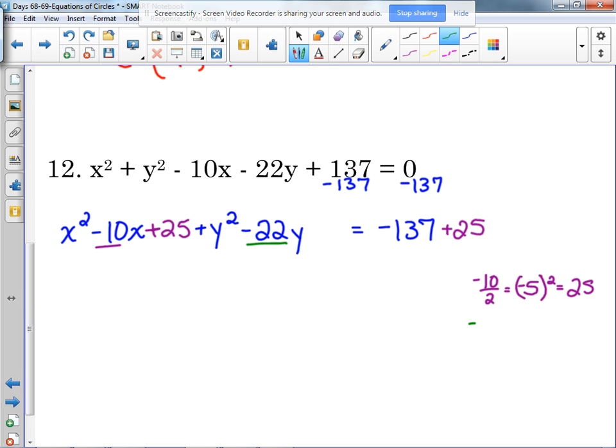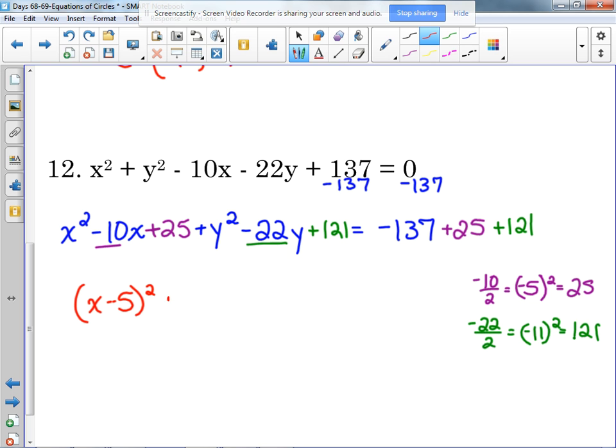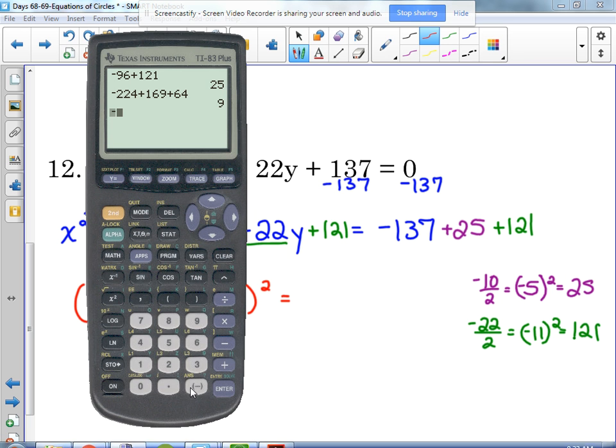Complete the square with the y's. Negative 22 divided by 2 is negative 11. Negative 11 squared is positive 121. Add it there. Add it to the other side to keep our equation balanced. Okay, next step, factor. x minus 5 squared plus y minus 11 squared is equal to, add all those numbers up on the right side, negative 137 plus 25 plus 121.